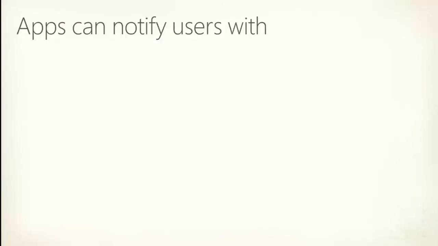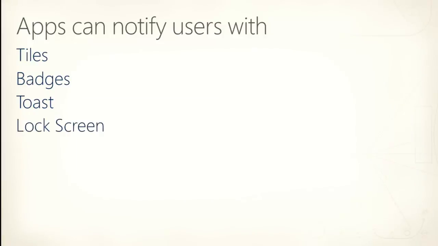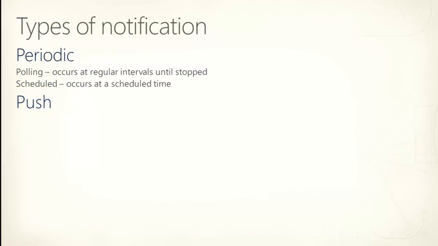Apps can actually notify users with tiles, badges, which are the little number on the side of the tile, and toast. So if you've seen things from the mail app or something like that, where a thing pops out on the side, that's a toast. And also on the lock screen. And the API for this is all related, and once you've done one, it's pretty easy to do the others. As for the types of notification available, well, there's periodic and there's push.